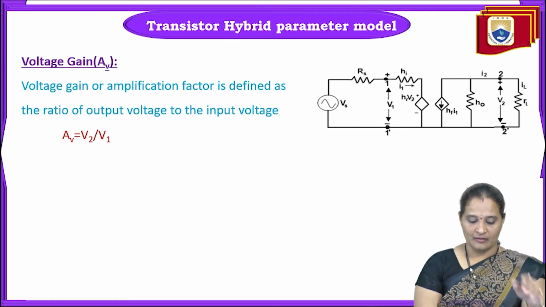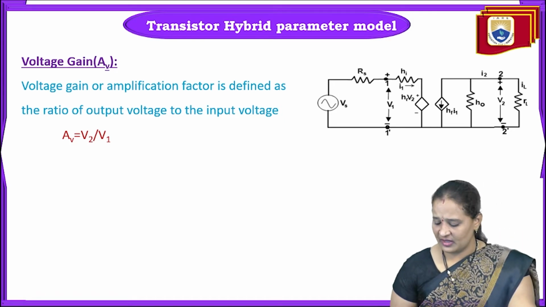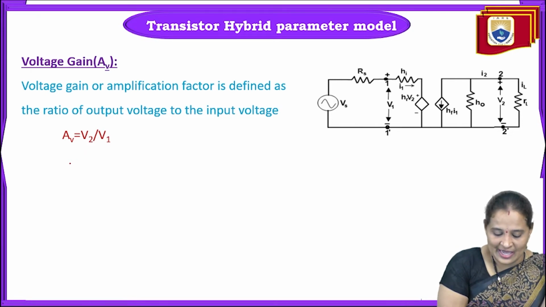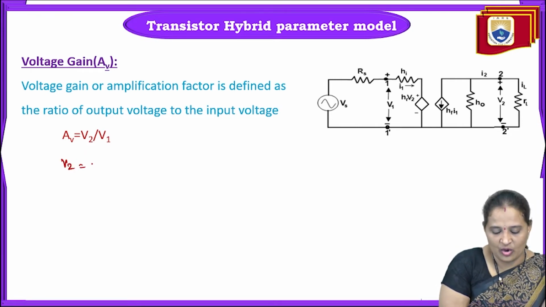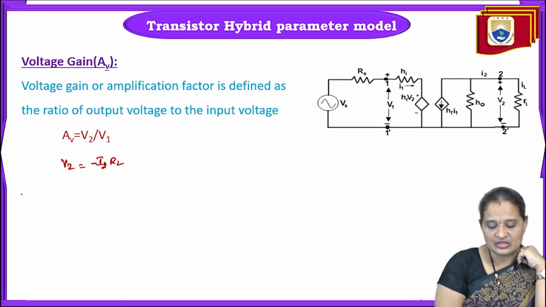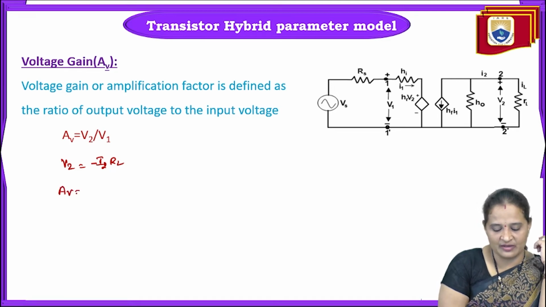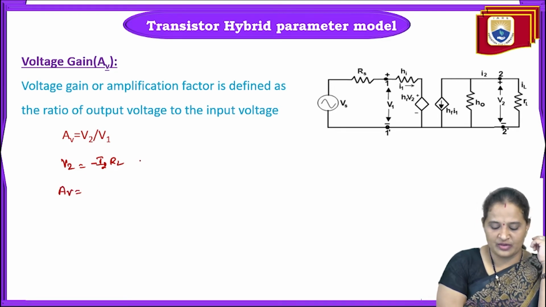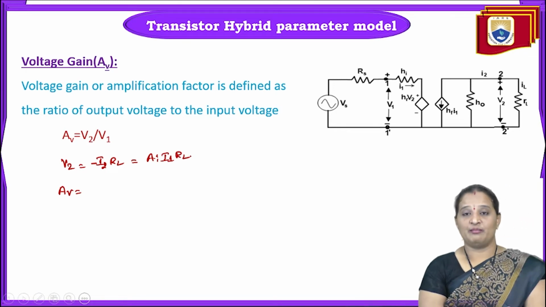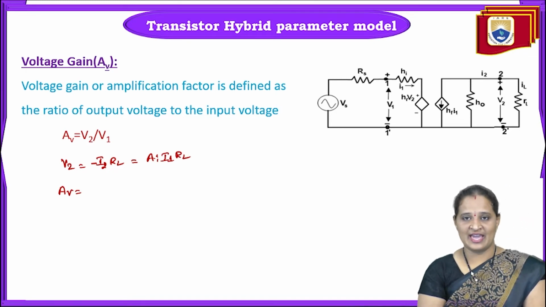Here, as V2 is equal to minus I2 into RL, and we can also substitute minus I2 as AI into I1, because minus I2 can be written as AI into I1.